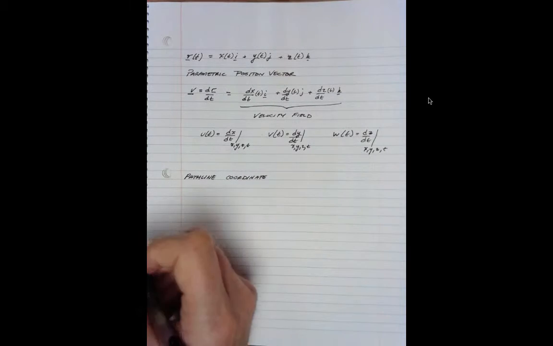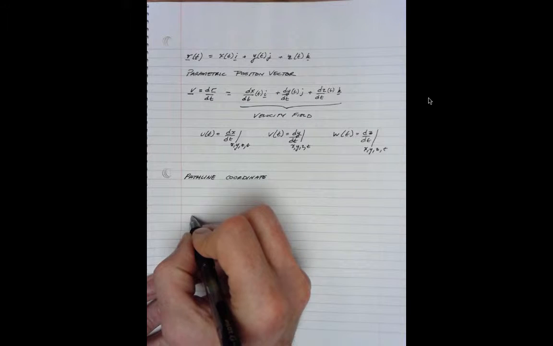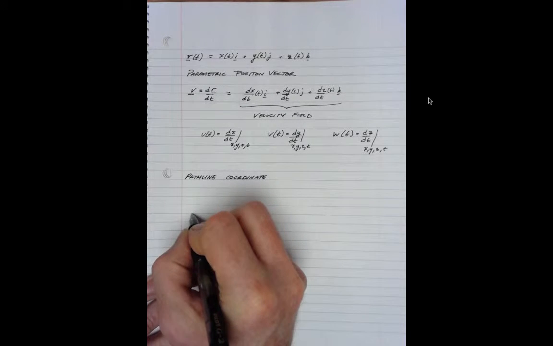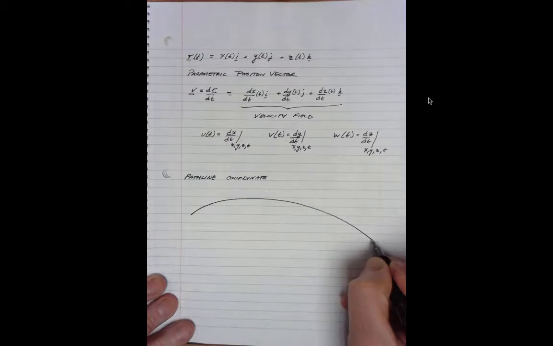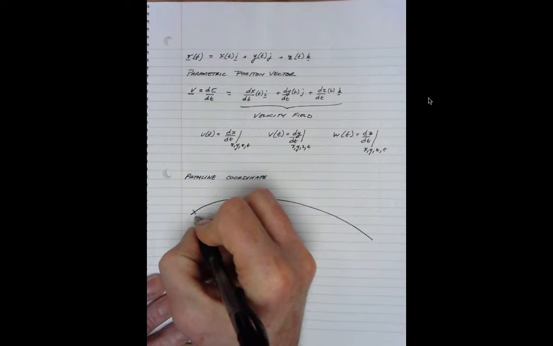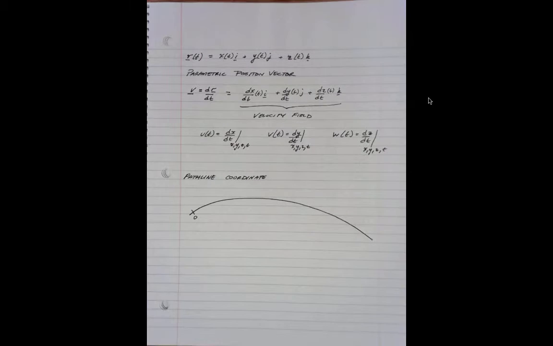And it too is often quite valuable, especially for Bernoulli's equation. So if we're in a steady flow field and we know the path a particle is going to take, we can establish an origin somewhere on that path.